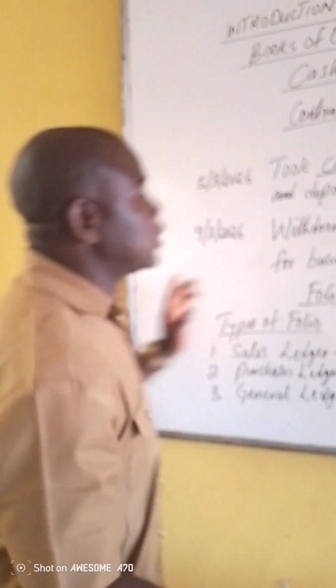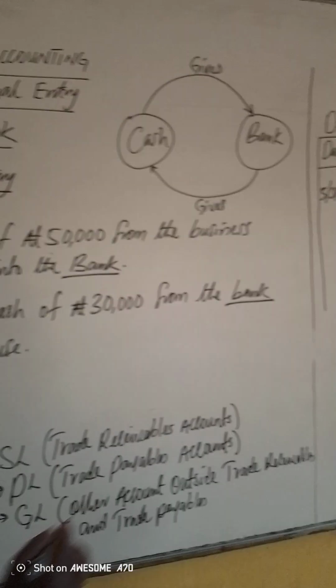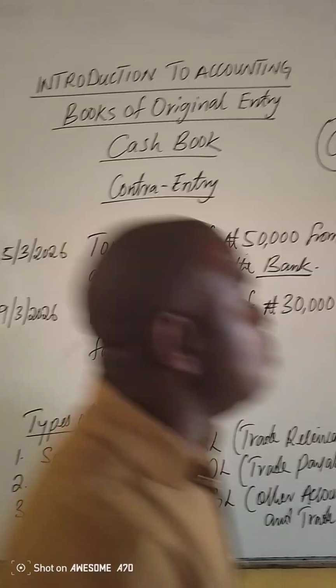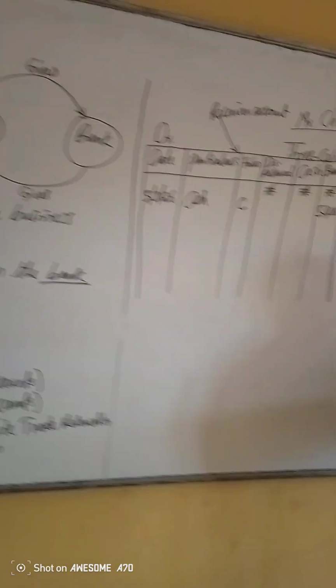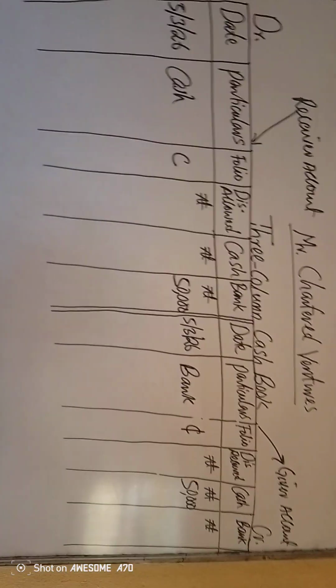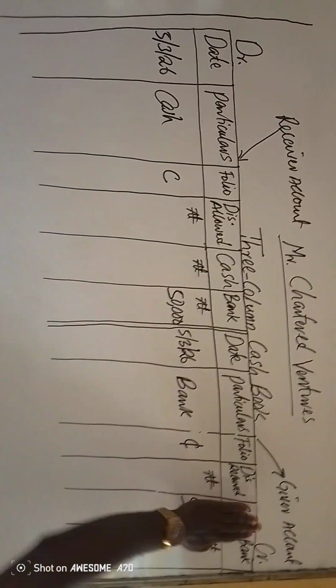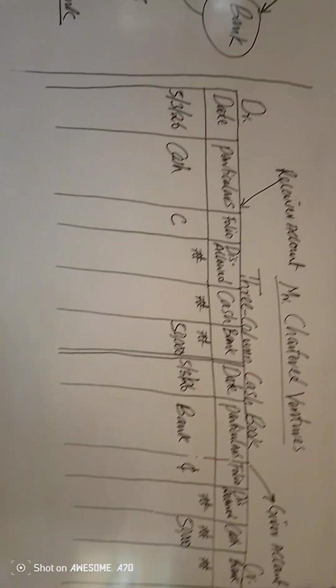Take note. Let's continue. Here the giver account is bank. Bank is giving, and the receiver account is what? Cash. Mind you, you must start with the giver account. Before, cash was the giver account, but now bank is the giver account. Mind you, anytime you come to the giver account, hold the other account constant or suspend it.